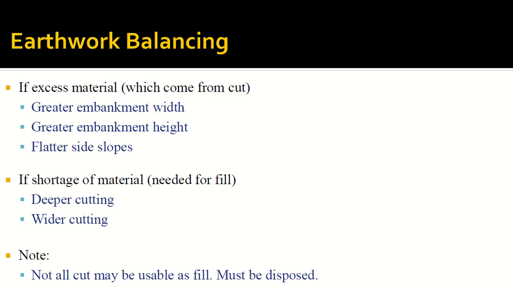So if you have extra material, instead of throwing it off, you can put them in the embankments. So it will make the embankment more stable. It will make it stronger. Clear? Okay, so you can use it in the same project. They are saying the same thing. More width, more height means less slope, right? So 3 points are the same.